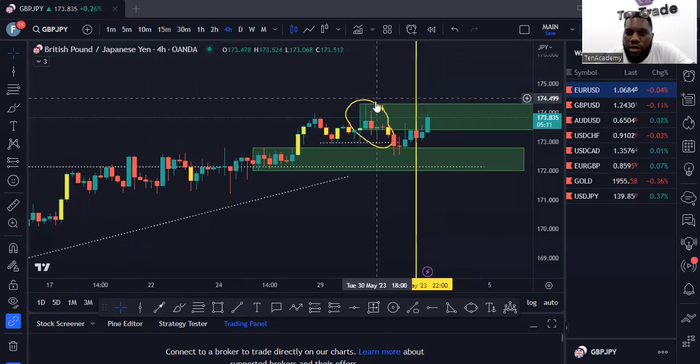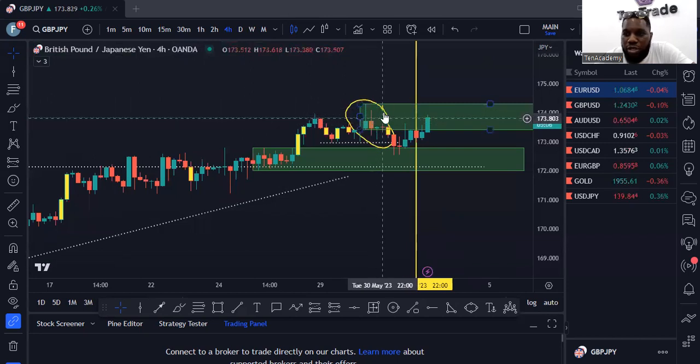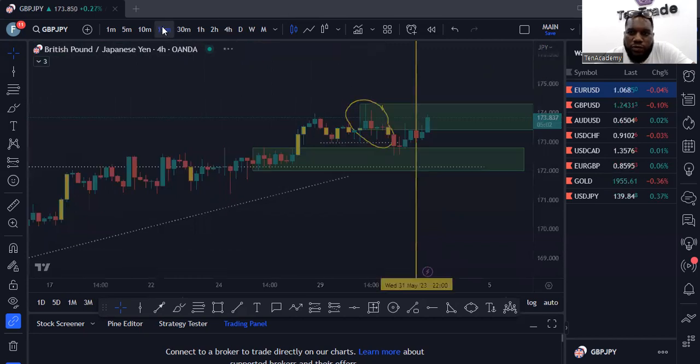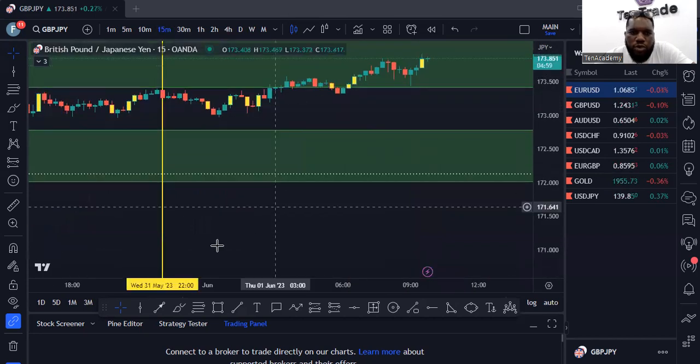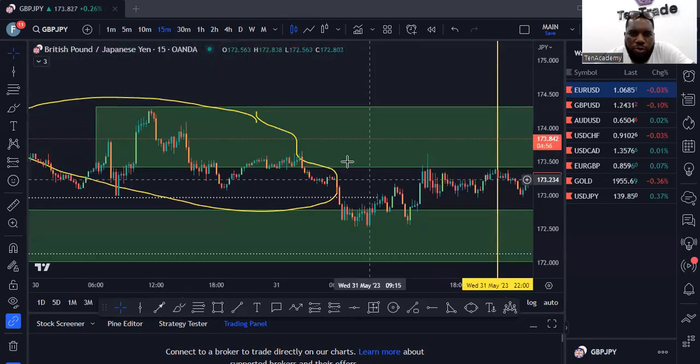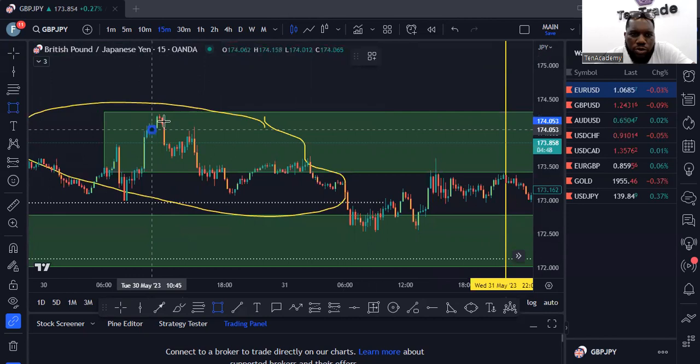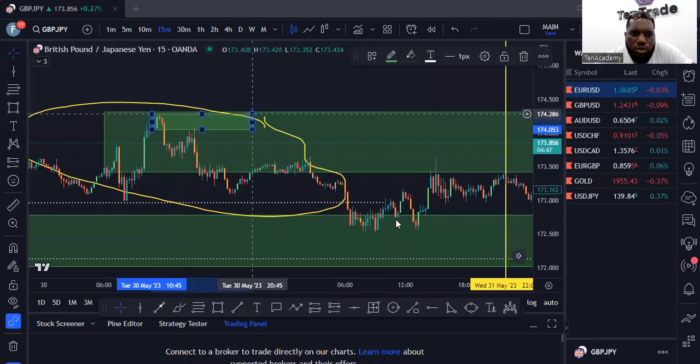If I find that the supply zone has been mitigated, that means it's not going to be so active to move price down. So permit me, I know that you might not understand what I'm talking about, but just to give us pointers, these are the extreme order block here like so.